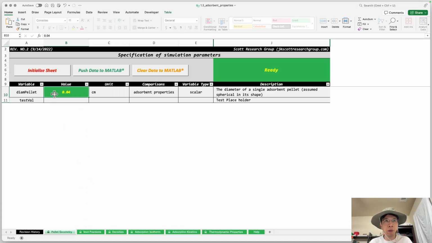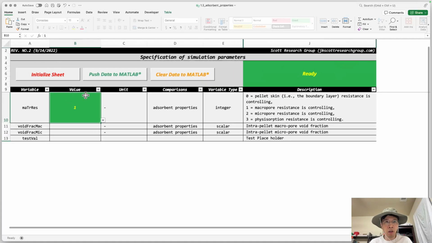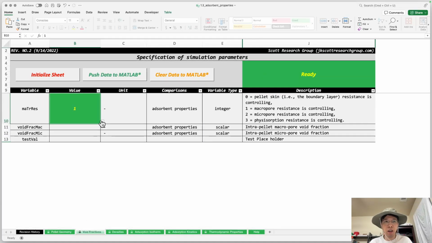This particular parameter is important, especially when we model the pressure drop, because the Ergun equation or the Kozeny-Carman equation has this parameter in it. Next is void fraction. Here we're actually specifying which part of the adsorbent is responsible for being in an adsorbed state.